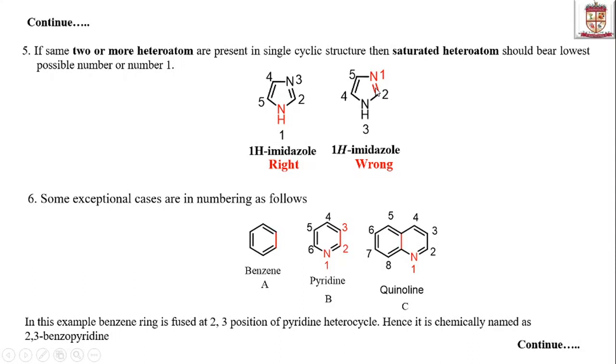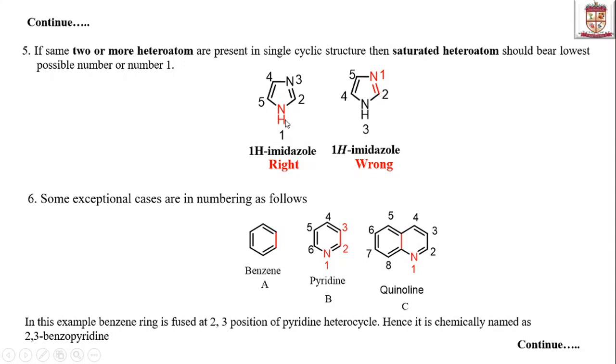In that, this is a wrong numbering. In this case the name is correct, but the numbering which is given to the unsaturated nitrogen is wrong, because as per the rule, number 1, the lowest possible number, is given to the saturated heteroatom, and this is an unsaturated heteroatom because it carries a double bond. In nomenclature we see what is saturated and what is unsaturated.